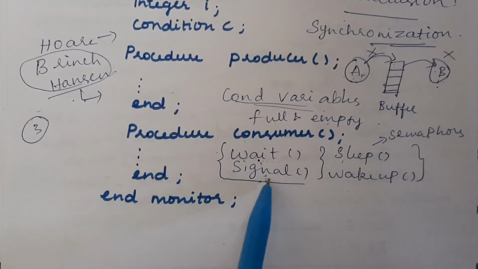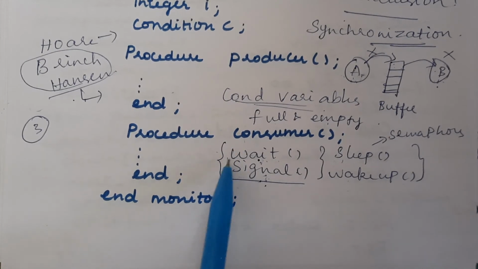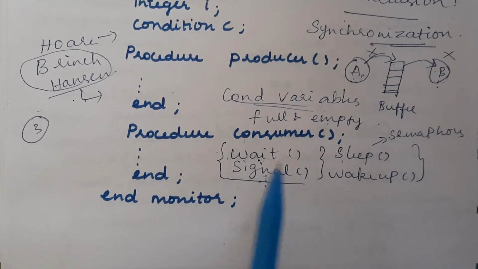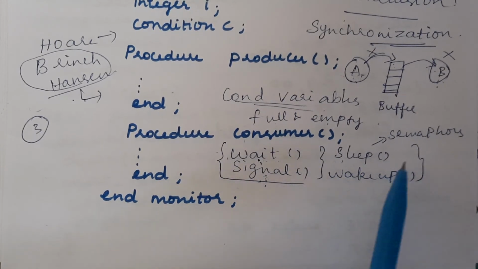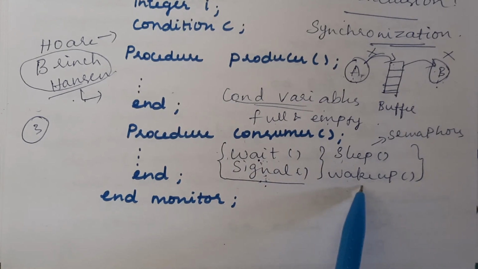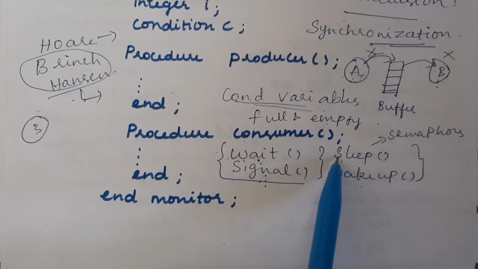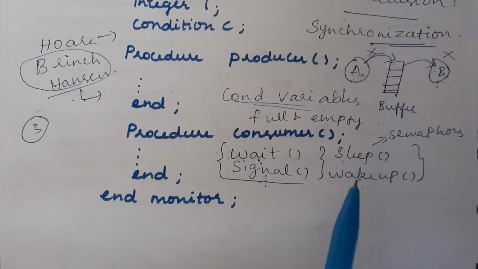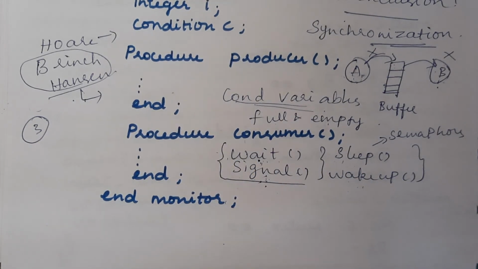That will not happen in monitors. Whereas here, while a process is trying to enter the sleep operation, it may get the wake up signal from the other process, and that wake up signal will be lost. So this process will be in sleep mode and the other process will also enter sleep mode. This kind of situation will not arise at all in the monitor. This is the difference between monitors and semaphores. Thank you.